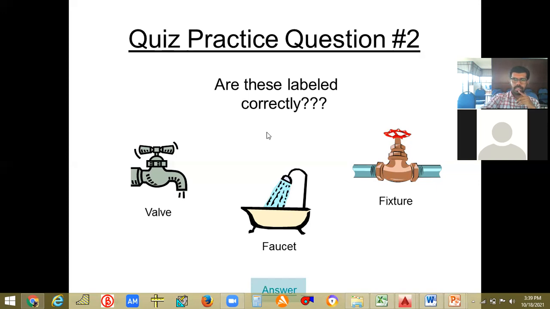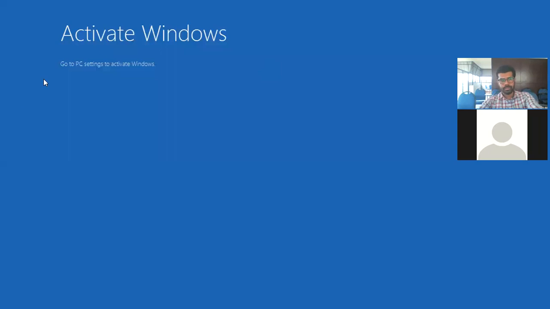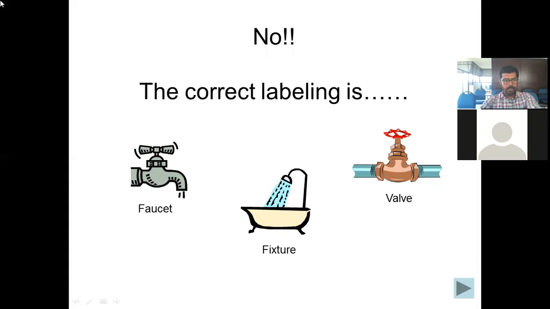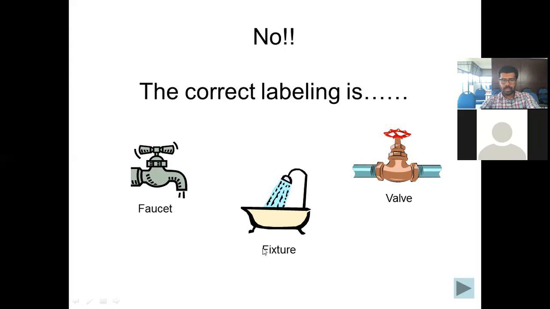So I will show you the correct answer. The correct labeling is this: this is the faucet, this is the valve, and this is the fixture.